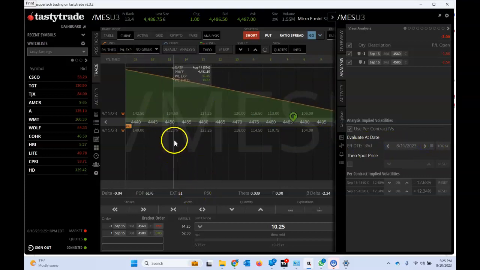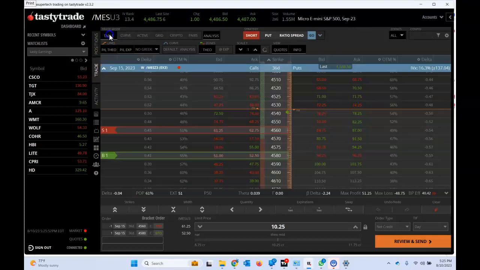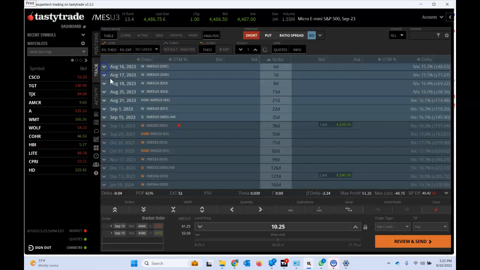For tomorrow, here is 4445. We're right around a $16 profit. That is, of course, more than a fourth of maximum profit if we do hit 4445 tomorrow. Let's look at the options chain for tomorrow.